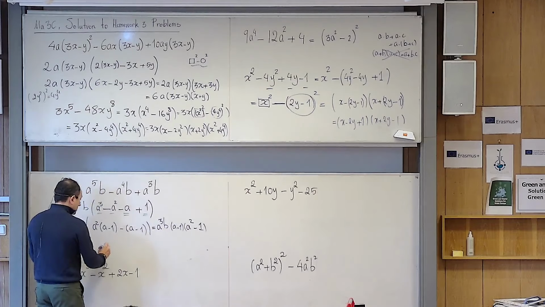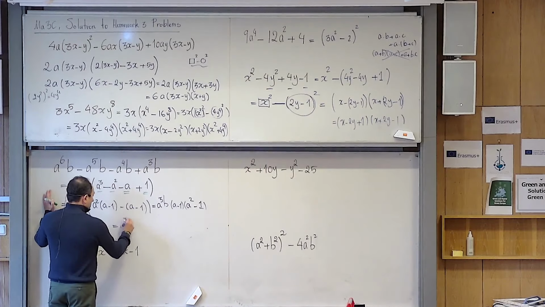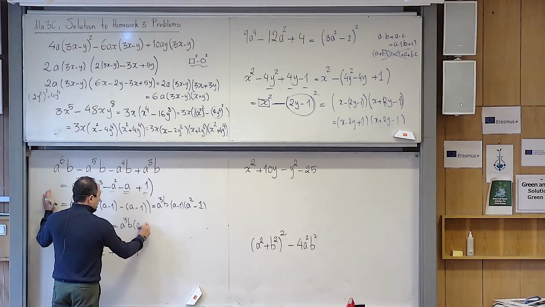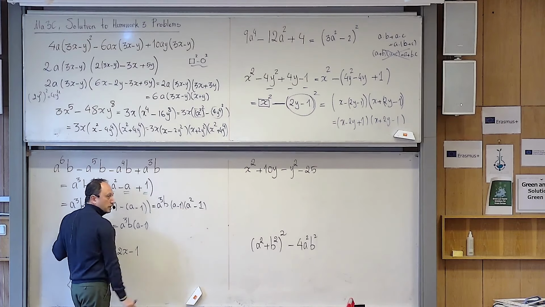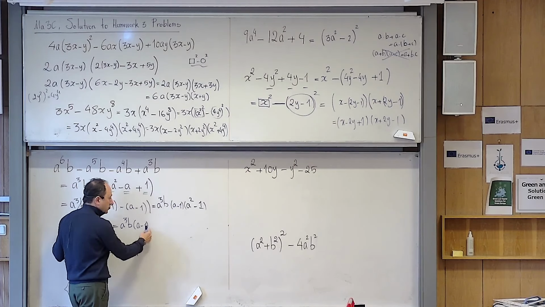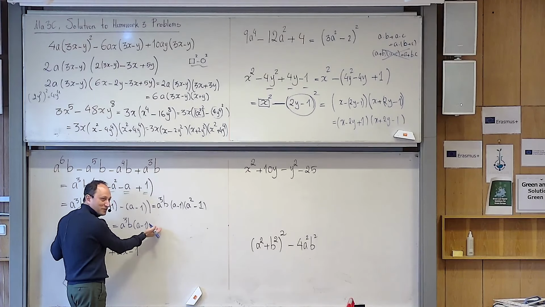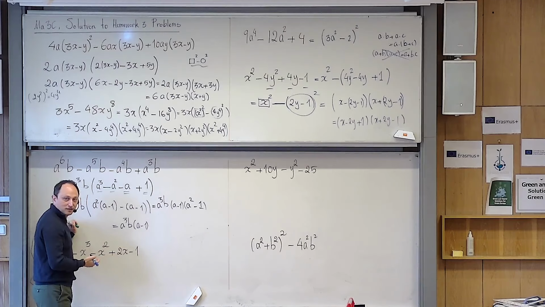Okay? So this becomes a cubed b, a minus 1. How many of you can do this immediately in your head? What happens? Instead of a squared minus 1, if I use the conjugate rule, what should I write? No, if you don't say, I will stop here. You have to say. What should I write here? A squared minus 1.